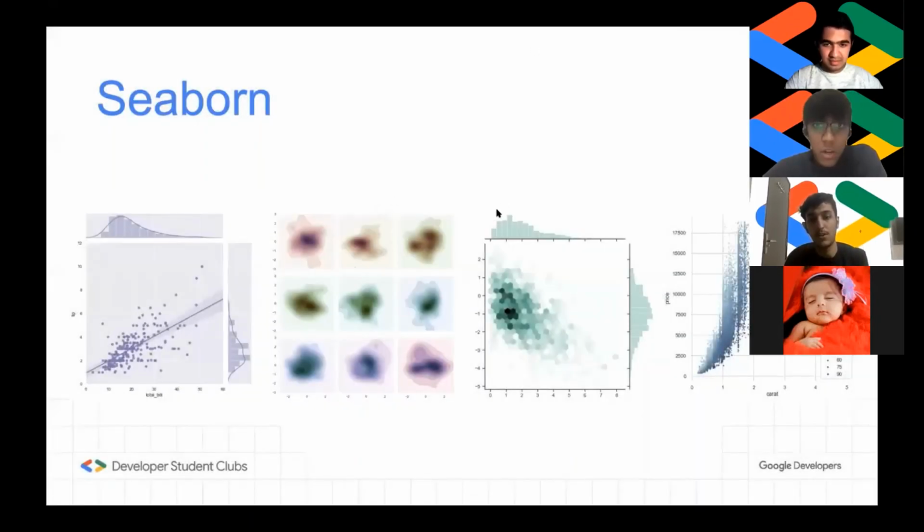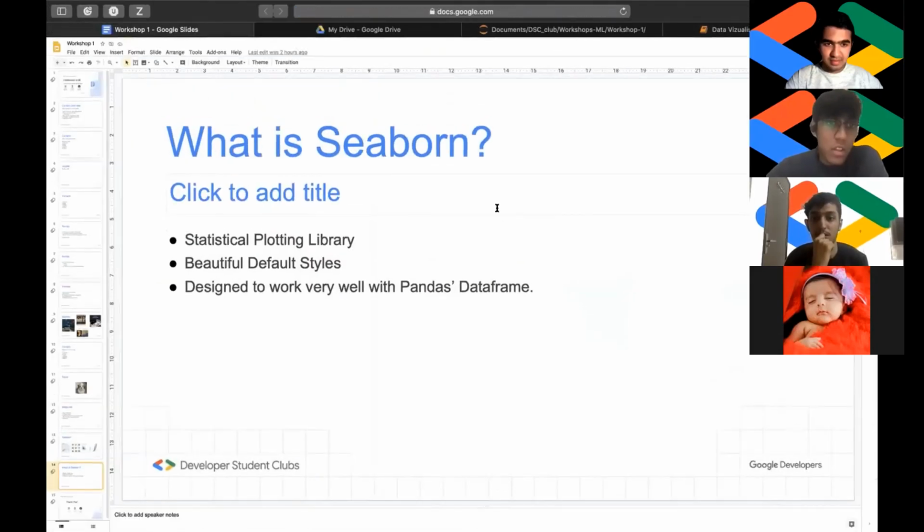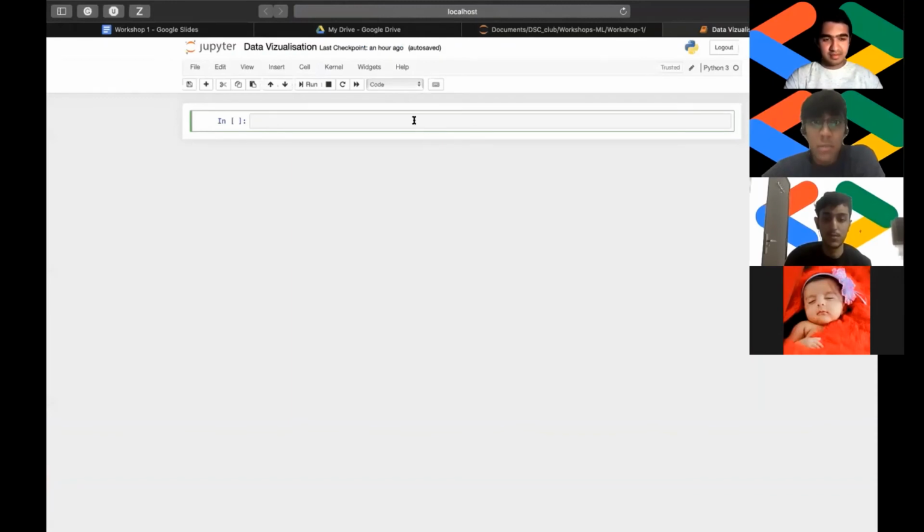Let me go to my notebook and then we can start. Right, so what is Seaborn? Seaborn is a statistical plotting library, and it's designed to work with the Pandas data frame. So that's why we taught you Pandas data frames before we could hop onto some data visualization.